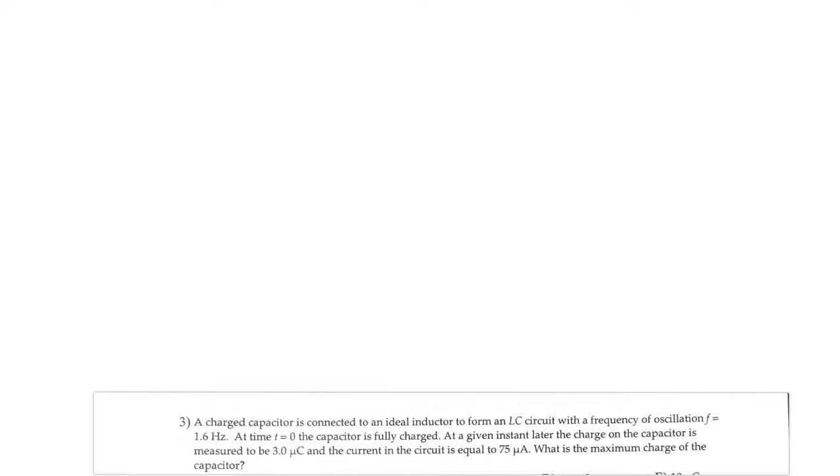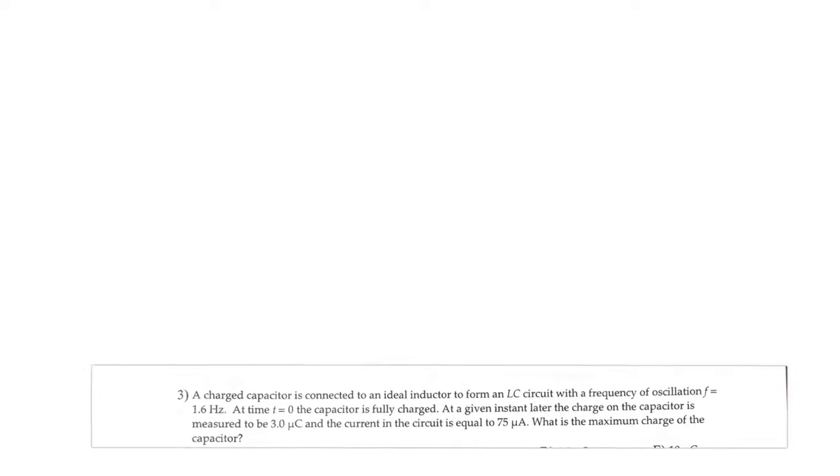Well, here is a question on an inductance and capacitance circuit. It talks about a charged capacitor being connected to an ideal inductor to form an LC circuit with a frequency of f is equal to 1.6 hertz.